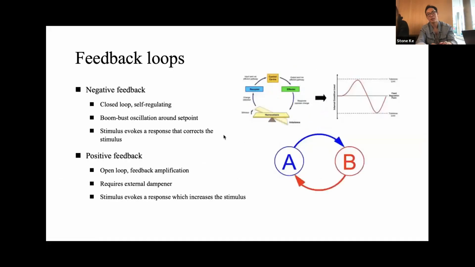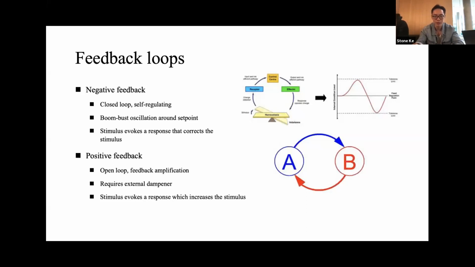Thank you. All right, so with feedback loops, there are two types: negative feedback and positive feedback. Negative feedback is a closed loop. They all look like circles, so just ignore that. But it's called closed loop because it corrects itself. Whatever stimulus you have will evoke a response, which eventually mitigates that stimulus. Whereas positive feedback is amplification.